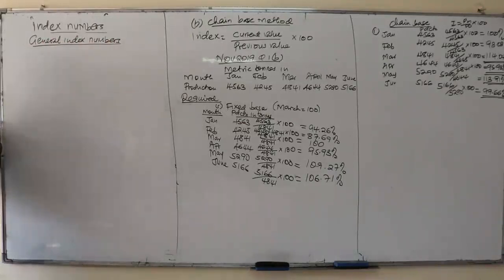So you write and say, an index number is called general if it involves more than one commodity.